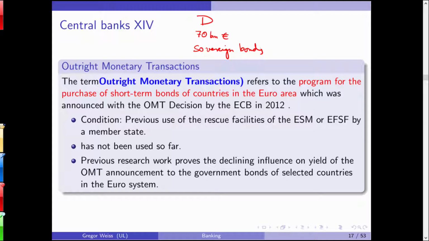The idea is that at first, of course, the government will not be in default, but it could still reduce the current budget. We could still say, okay, we have 50 billion euros in budget, and we need to cut expenditure.